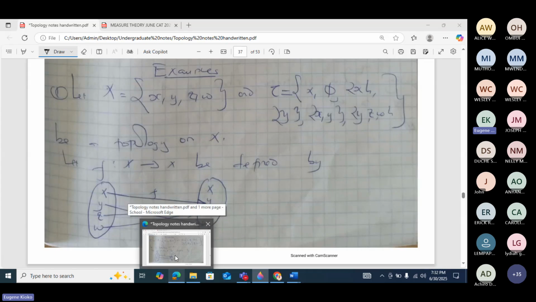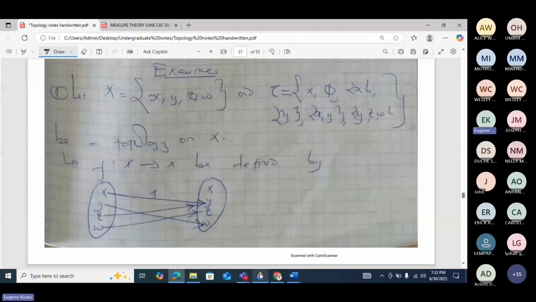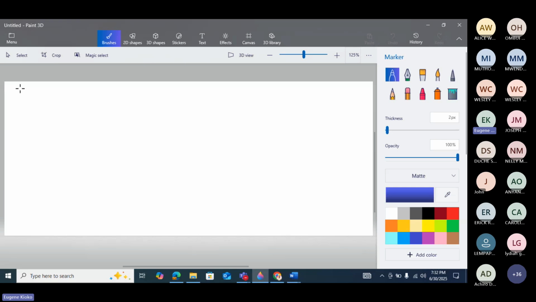You are told let f be a function from x to x, which is as shown. It is being mapped to the same x, so it is from x to x, where x is x, y, z, w, and x, y, z, w.